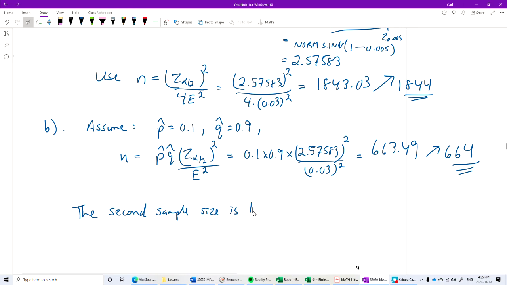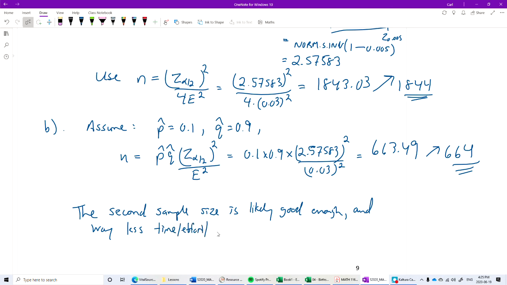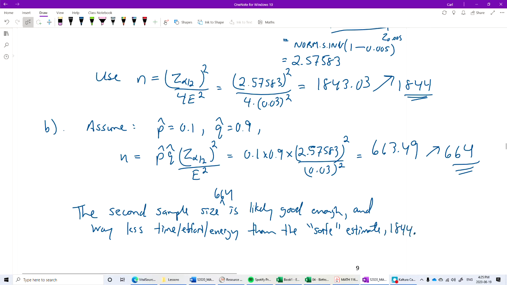The second sample size, which was 664, is likely good enough, and it's way less time, effort, and energy than the safe estimate. So, I mean, these numbers matter. It'll be somebody's job to go and collect this data.